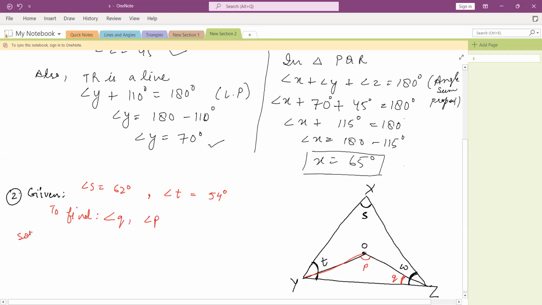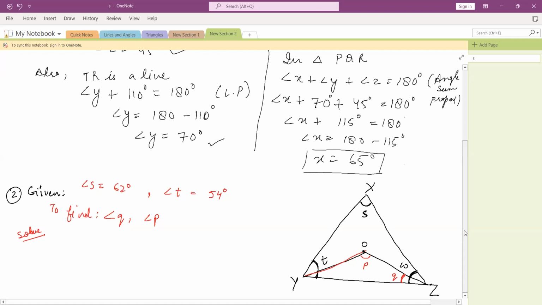Okay, let's solve it. First see this bigger triangle, triangle XYZ, the big one. So we can use the angle sum property. Angle S plus angle T plus angle W is equal to 180 degrees. Now put the values of S and T which are given.